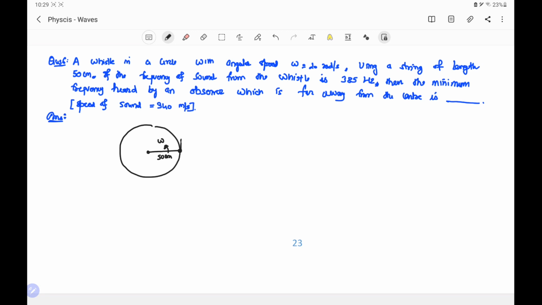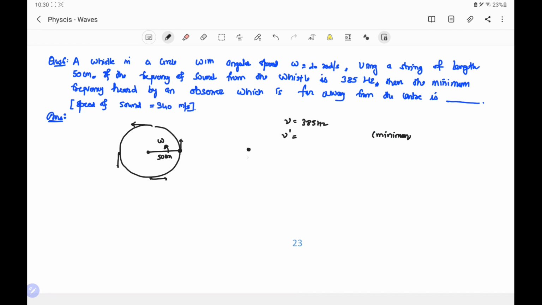So its linear velocity will be along the tangential direction. If the frequency of the sound from the whistle is 385 Hertz, so natural frequency is 385 Hertz, then the minimum frequency heard by the observer, so we have to find the apparent frequency, and this frequency should be minimum by the observer which is far away from the center.